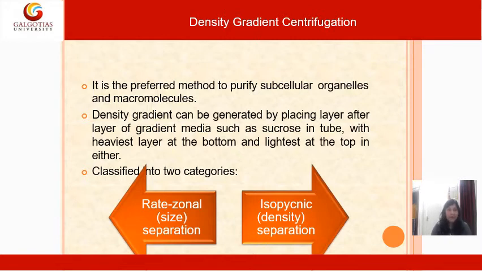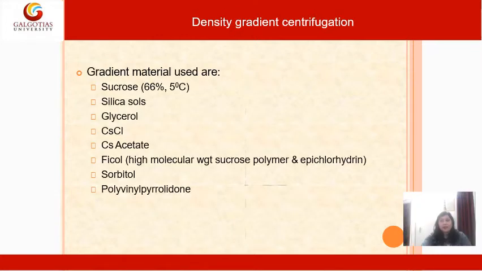So understand that the density gradient centrifugation is further divided into two types, the rate zonal separation or the isopycnic. In density gradient centrifugation, the common gradient materials used are sucrose, that is 66% at 5 degrees centigrade, silica salts, glycerol, cesium chloride, cesium acetate, Ficoll, sorbitol and polyvinyl pyrrolidone.